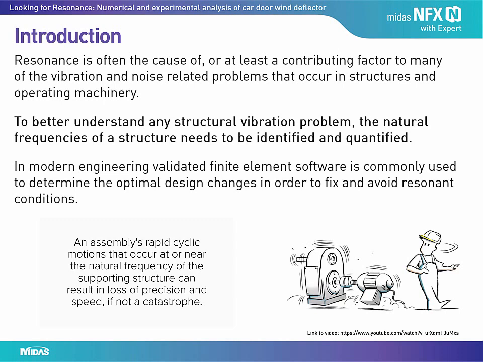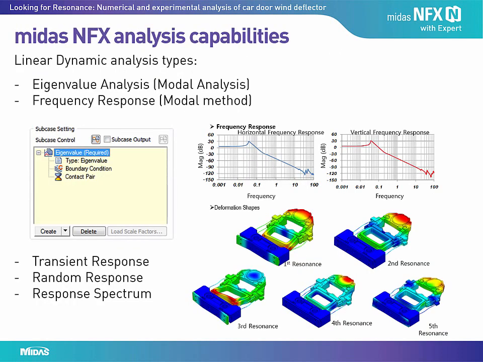To prevent such a scenario, the prototype or structure must be checked for resonance response. We can do this in an experimental and numerical way. In Midas NFX, resonance can be studied via the following types of analysis: eigenvalue and frequency response.